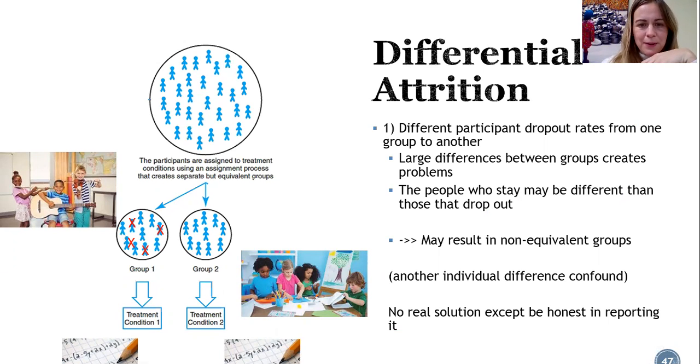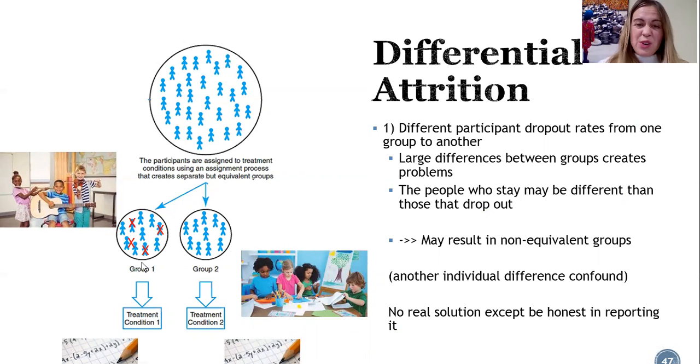It might be that the people who drop out really don't like music, don't like working hard. The people who stay in are really keen to learn a lot and really keen to work hard and learn how to play their instrument. And so they may end up getting better math scores because of those personality differences.